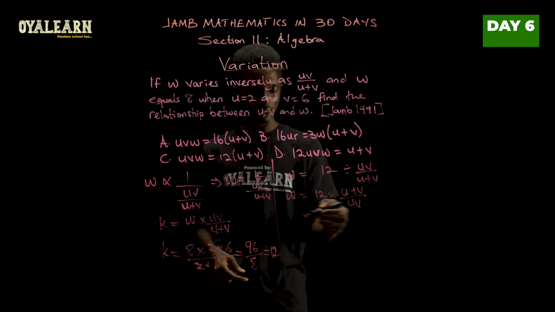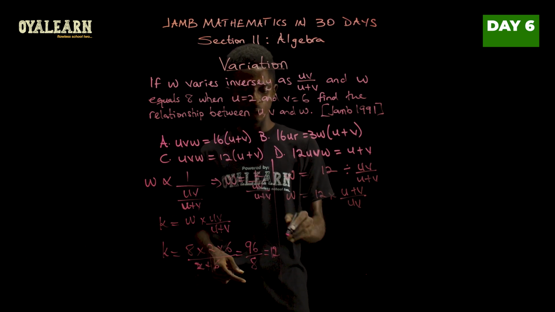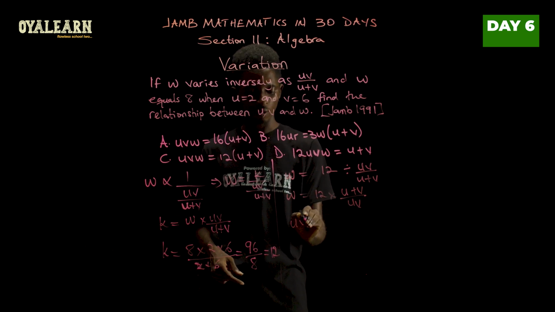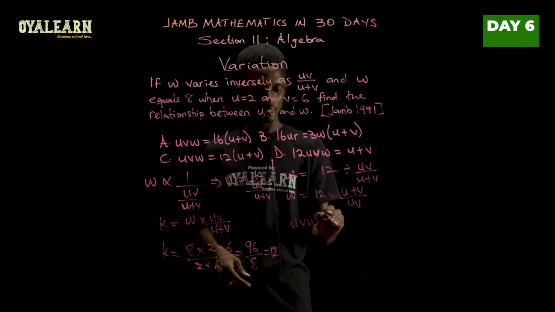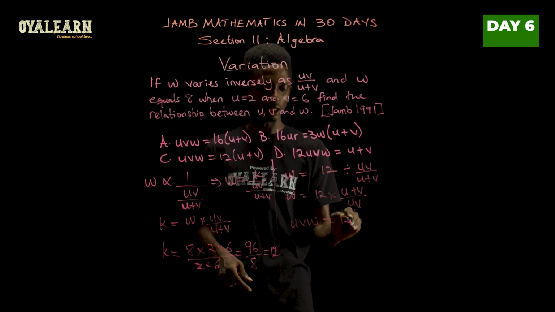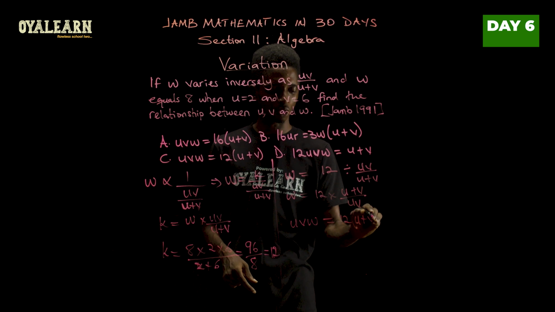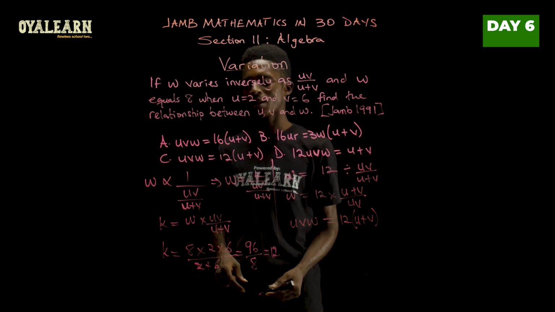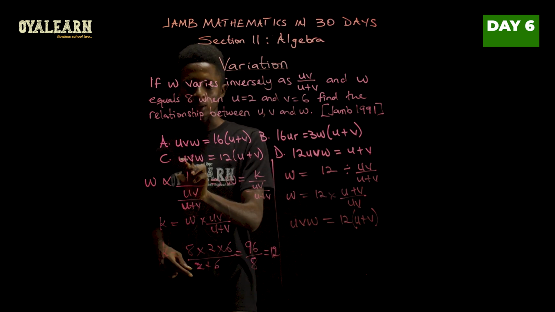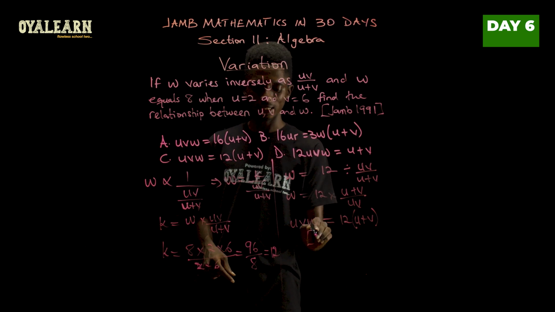Now from here we can take UV to this side. So UV times W will become UVW, and this will equal 12, then open bracket U plus V, which is just the same as we can see here in option C. So the correct answer is C.